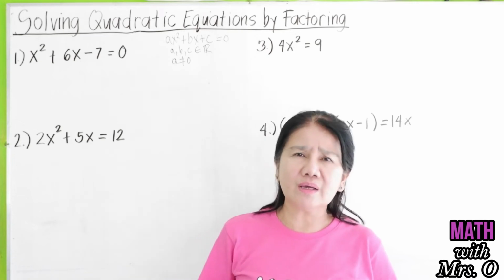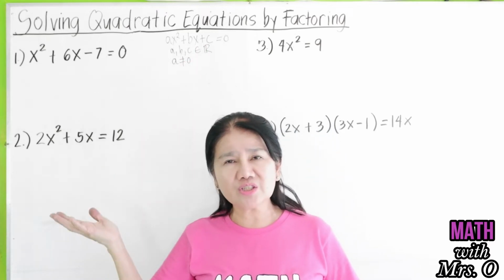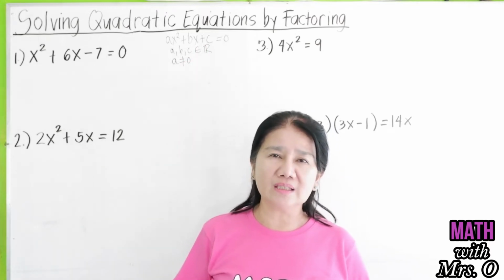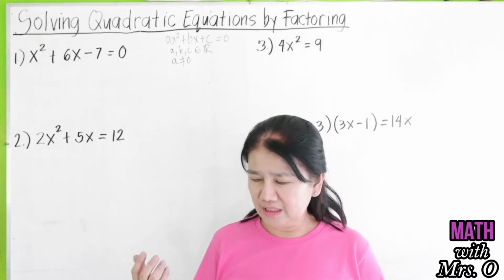Now, how do we solve them? As you can see, we cannot solve them by just using transposition or properties of equality. So now we have to recall our factoring.